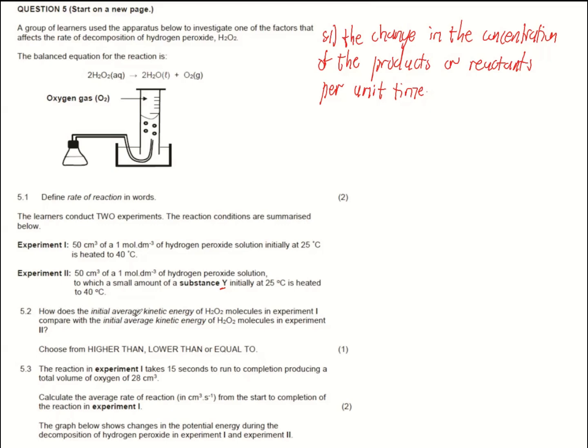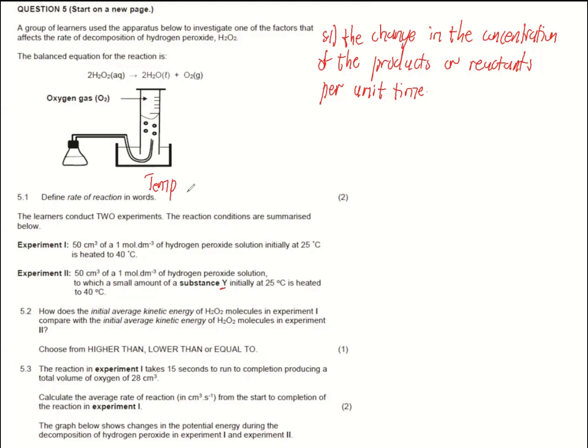5.2, how does the initial average kinetic energy of H2O2 molecules in experiment 1 compare with the initial average kinetic energy of H2O2 molecules in experiment 2? Remember, the average kinetic energy is directly proportional to temperature.